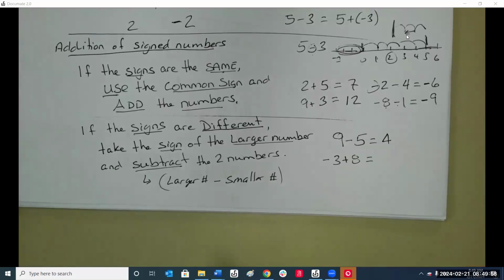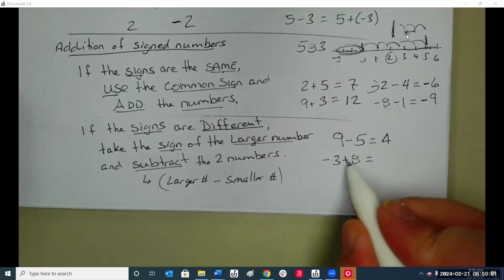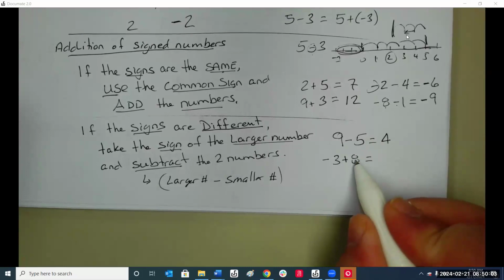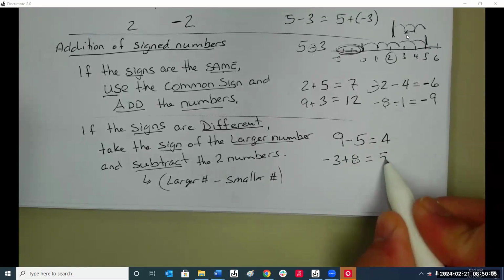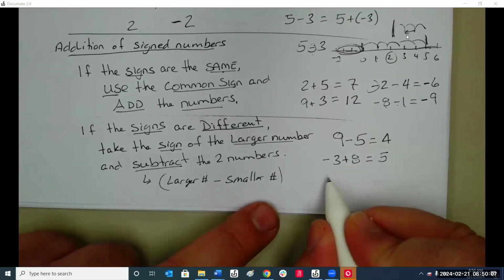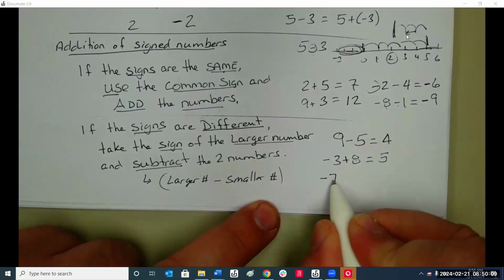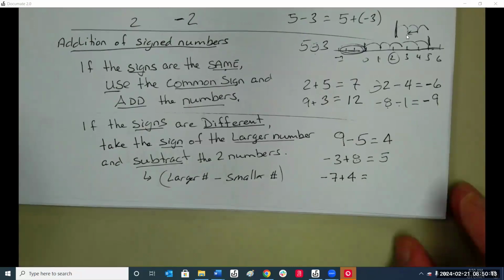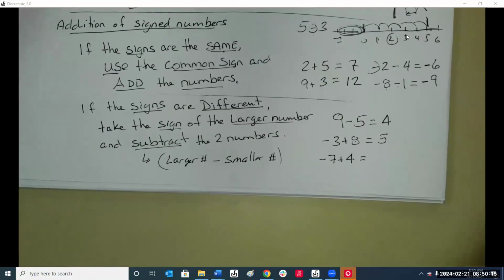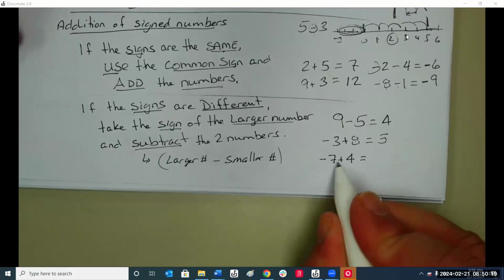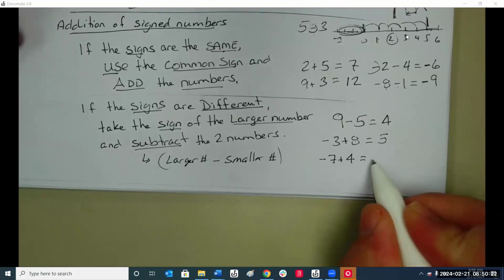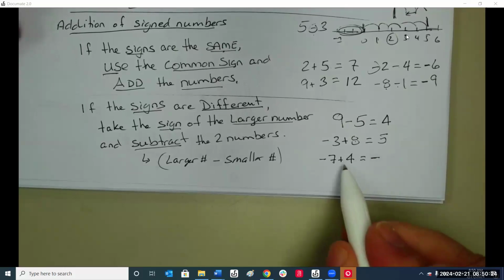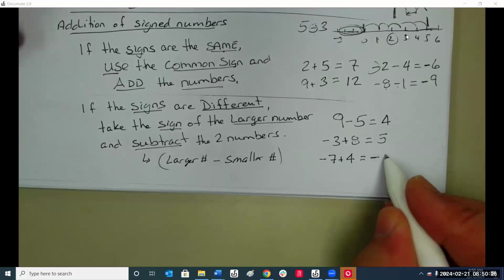Is the answer going to be positive or negative? Because 8's bigger than 3, the answer will be positive. 8 minus 3 is 5. Negative 7 plus 4. It's going to be negative because 7 is bigger than 4 and 7 is negative. So now we go 7 minus 4.